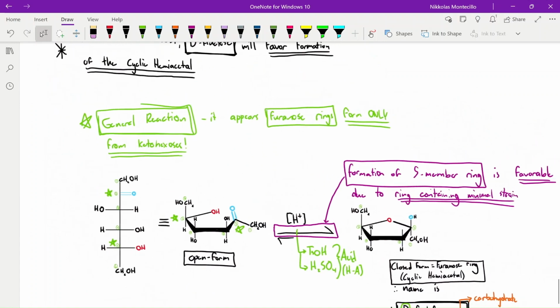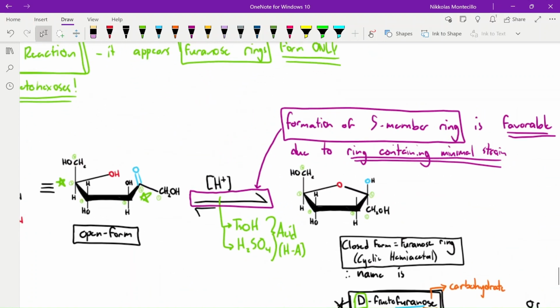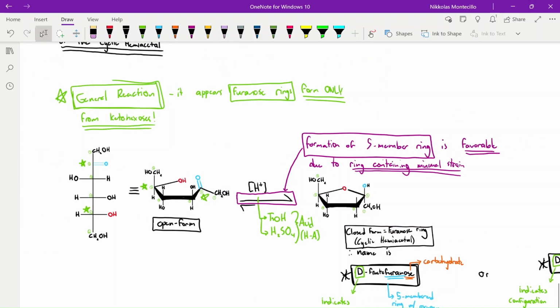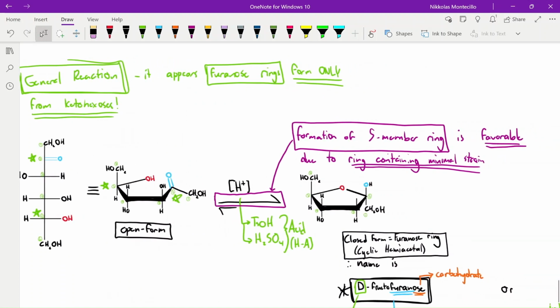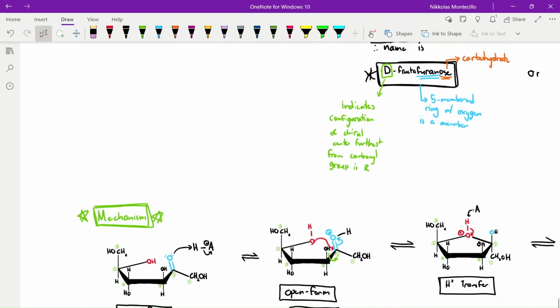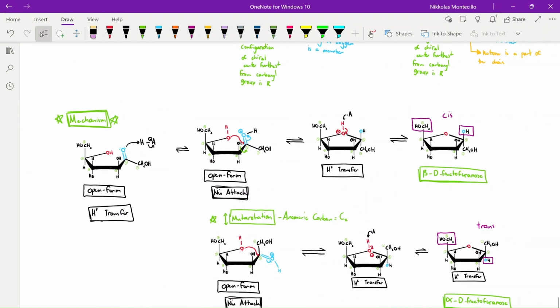So the formation of furanose rings from ketohexoses is the same as the previous forms of cyclic hemiacetals. We can see that there's the presence of an acid catalyst, the anomeric carbon, and a very similar mechanism, right?